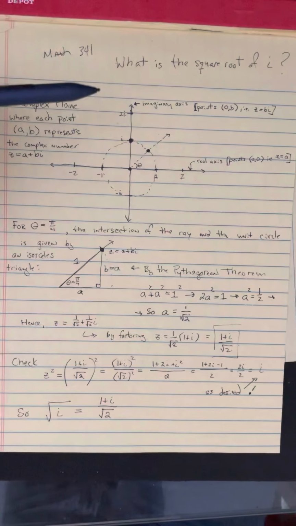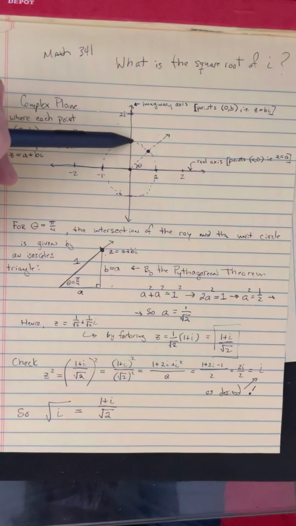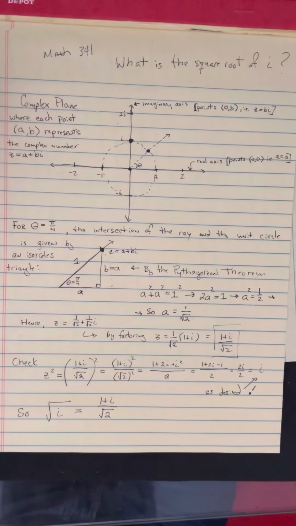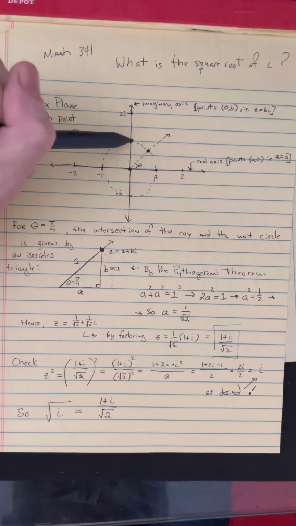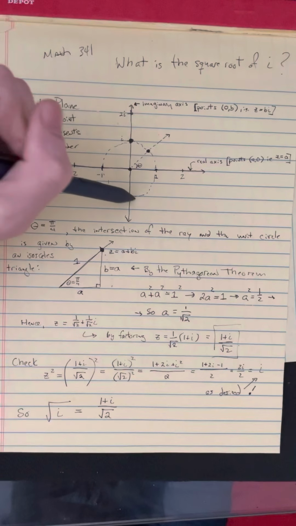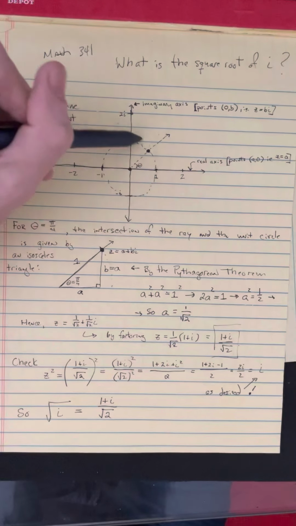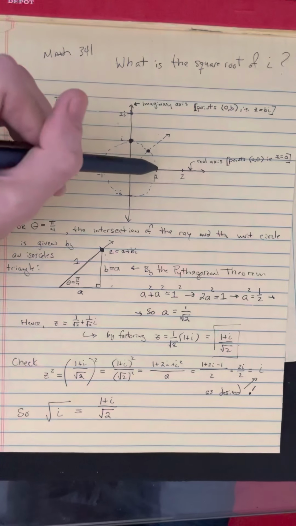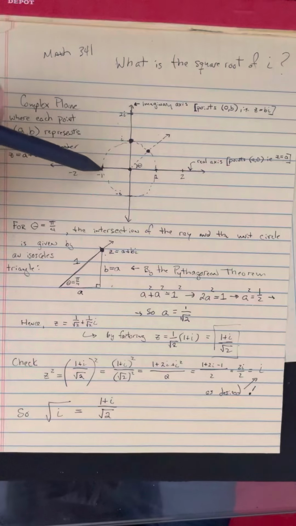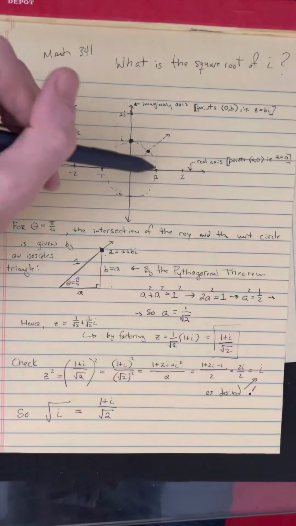In particular, the number i is the number 0 plus 1 times i, and it's at that point right there. Note that that point is a distance 1 away from the origin, so it lies on the unit circle. So the unit circle in the complex plane crosses the axes at 1, i, minus 1, and minus i.